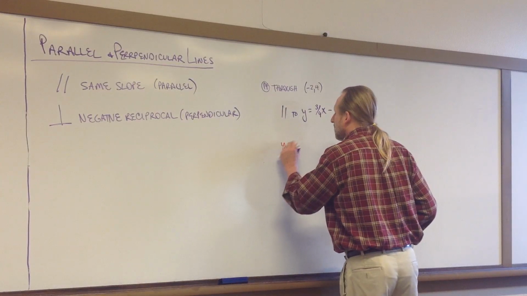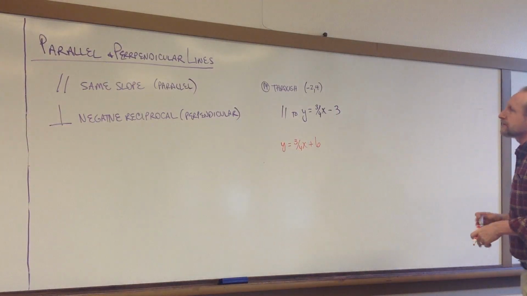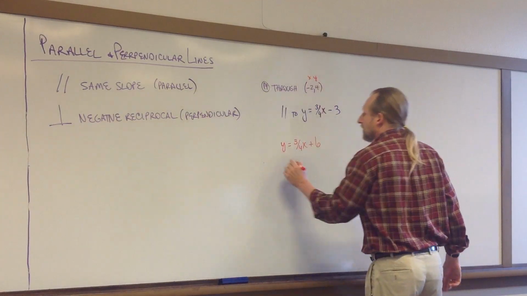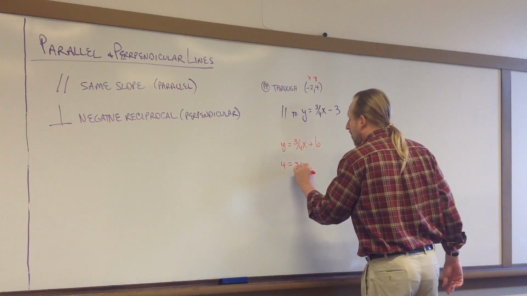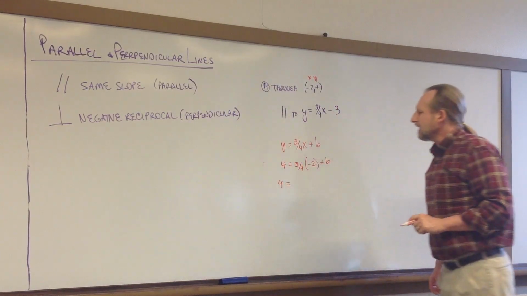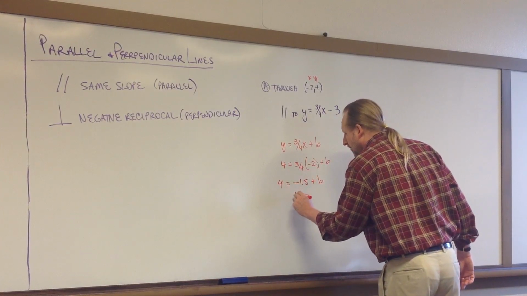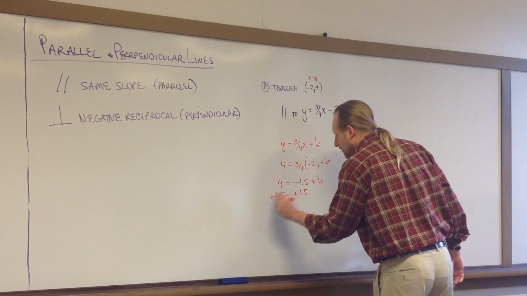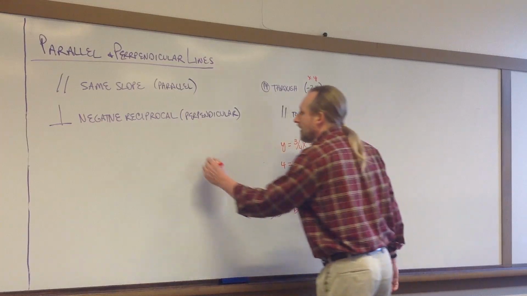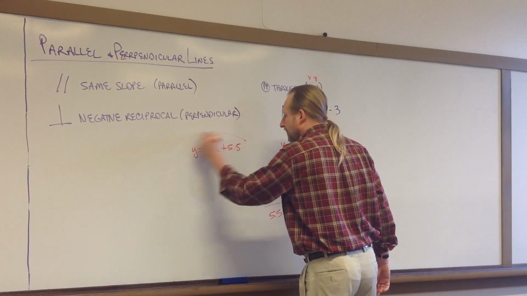So y = 3/4 x, but we don't know the y-intercept. We plug in the x and y values from the point it passes through, with x = -2. So 3/4 times -2 should be -1.5. Add that to both sides. b should be 5.5. And our equation is y = 3/4 x + 5.5.